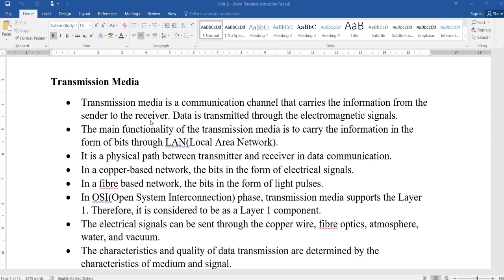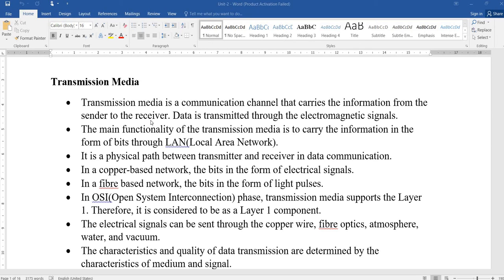The processed data is transmitted through electronic signals, or in the form of waves, for example radio. The main functionality of the transmission media is to carry the information in the form of bits through the line. Bits, as you already learned in binary number systems, are transferred bit by bit through the local area network.